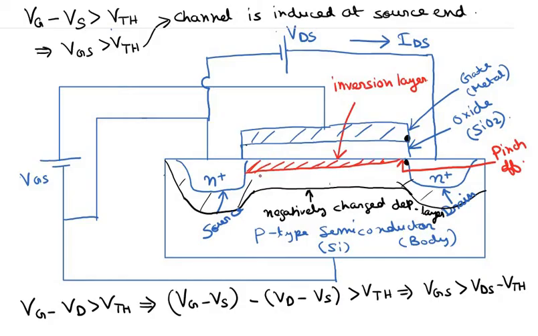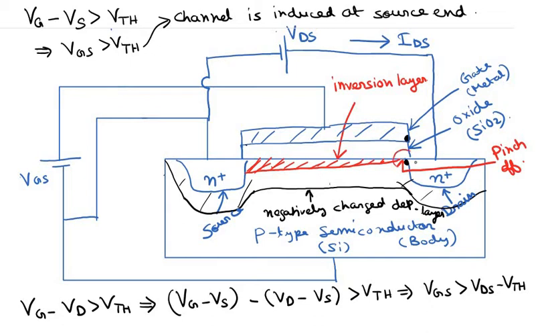Okay, and this part of the channel actually contains more electrons, that's why it is shown thicker, and then as we gradually move towards the drain end, the channel is becoming thinner, which basically means that the number of induced electrons is less. Okay, it is not actually that the dimension of the channel becomes thin, but a thinner channel basically means that the number of electrons induced is less.